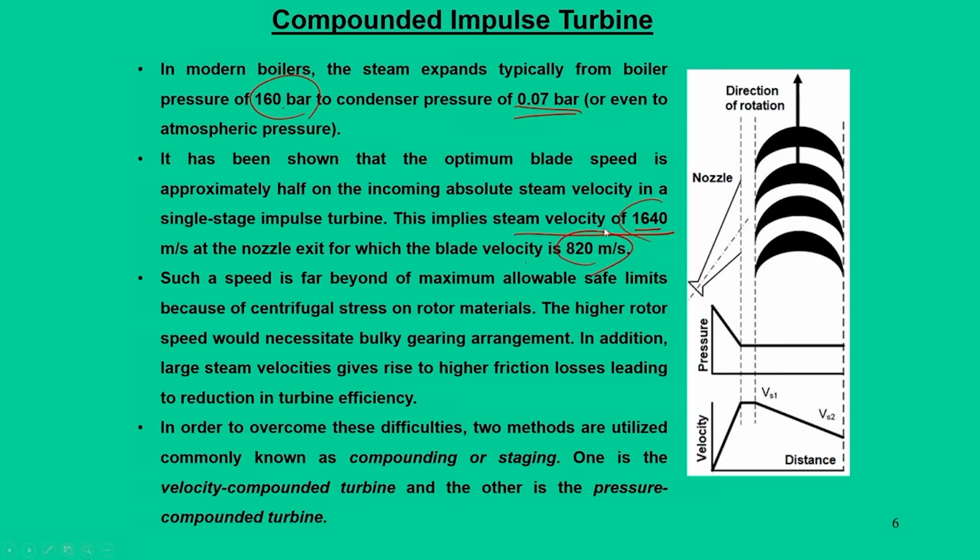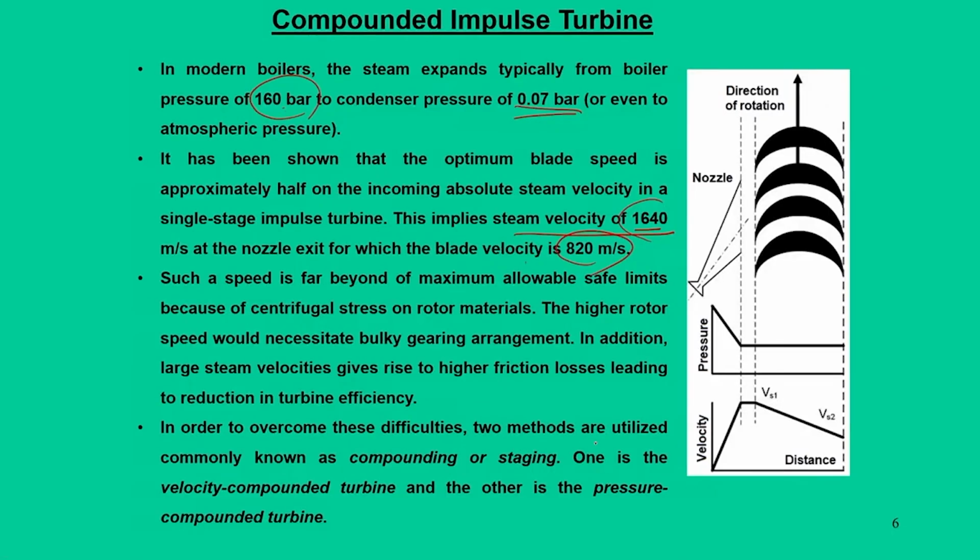Rotating at 820 meters per second is also a difficult task. So, if you use a single stage mode, the system will be bulky, and number two, it will give rise to a lot of losses. So, that is normally avoided.